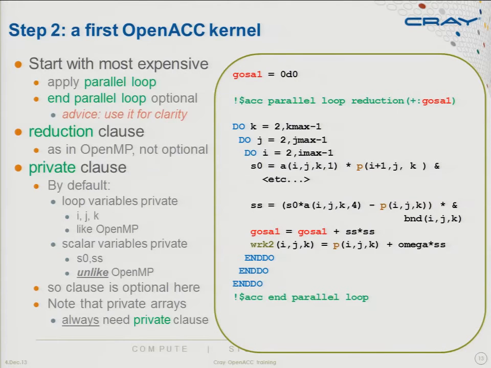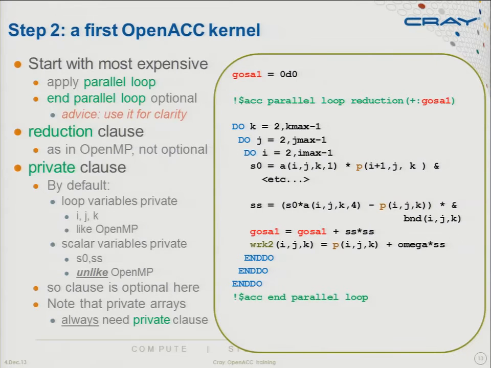We can, again, go in and do that if you want to. The only thing we'd need to be careful of, if there was an array that was private, is where all of the threads, all of the loop iterations, are going to be contributing towards a final answer. So in this case, each thread on the GPU is going to do one loop iteration, one value of i and j and k.